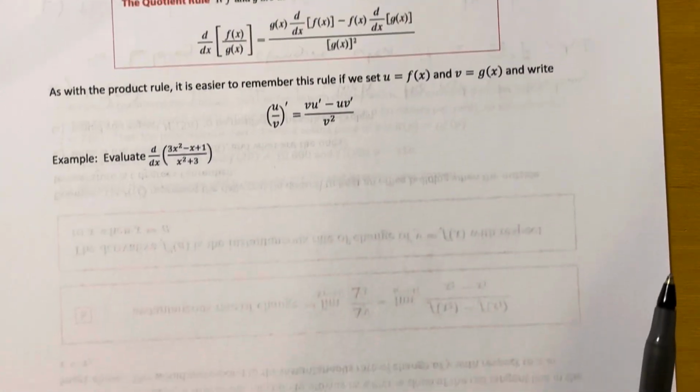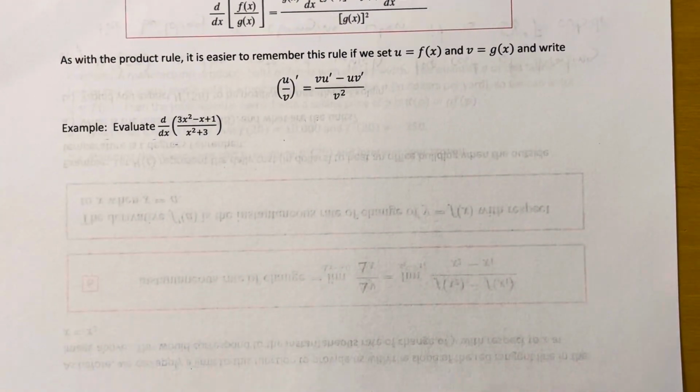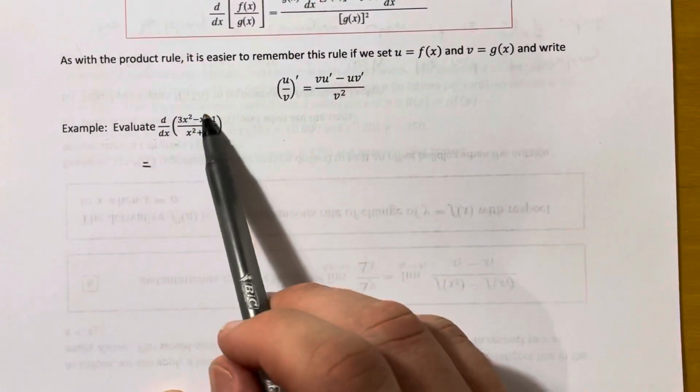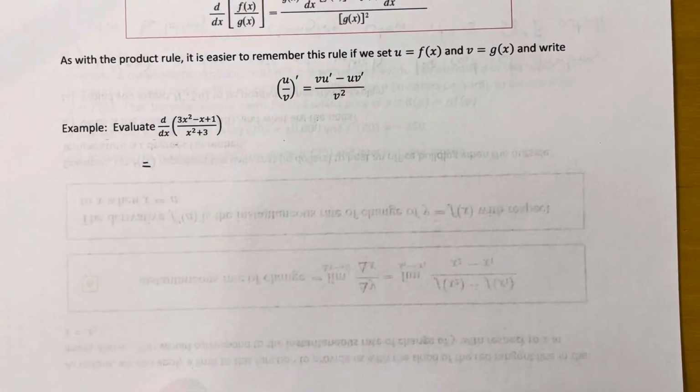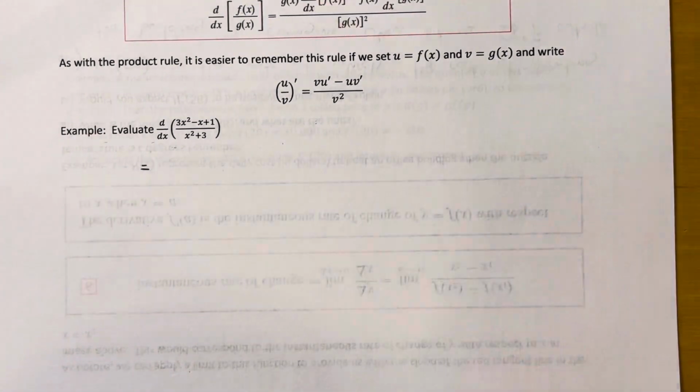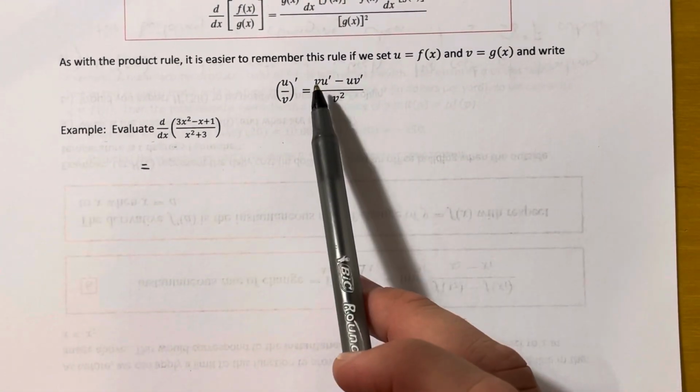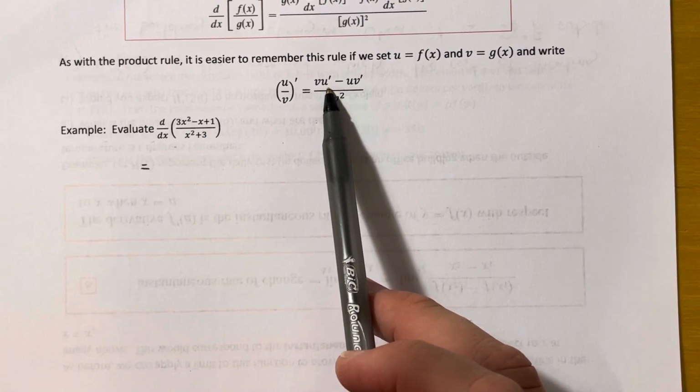So here's an example of a quotient that we would like to differentiate using our quotient rule. This is a polynomial over another polynomial, and what I'm looking to do here is apply my quotient rule, which says start with vu prime, or bottom function times the derivative of my top function.